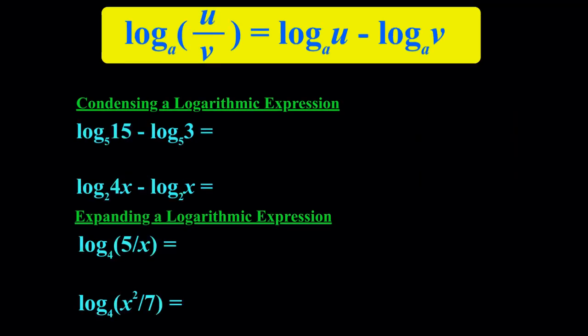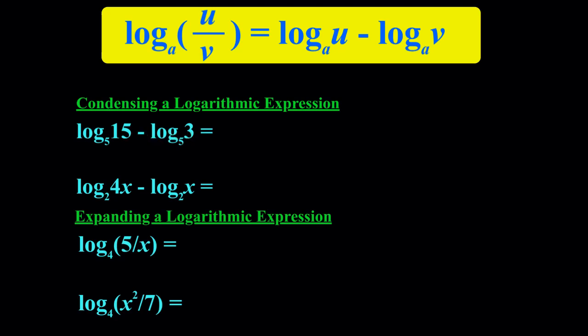All right, so now we're going to look at the other property, which was log base a of u divided by v. And so this logarithm can be broken up through the use of subtraction because we have two things divided by each other. All right, so let's look at the first one here, log base 5 of 15 minus log base 5 of 3.